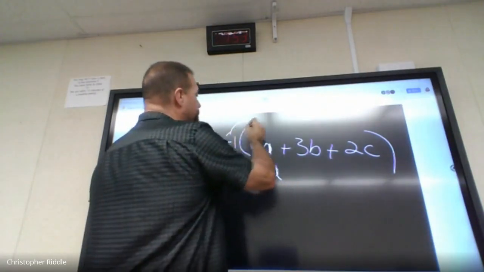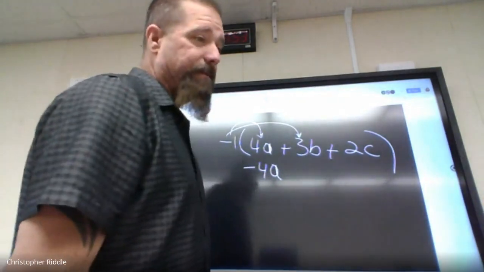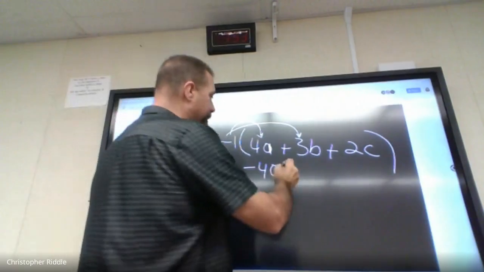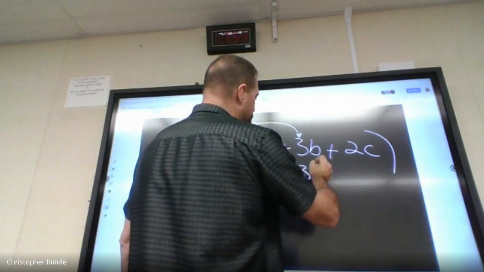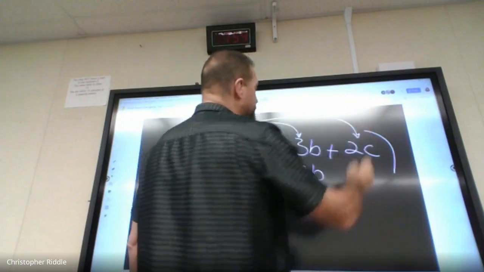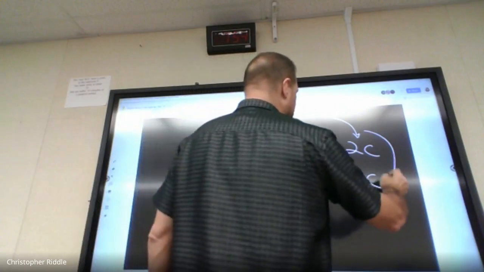And then we're going to do negative 1 times 3b, which is negative 3b. Excellent. And then our negative 1 times 2c. That's negative 2c. Excellent job. This is our answer.